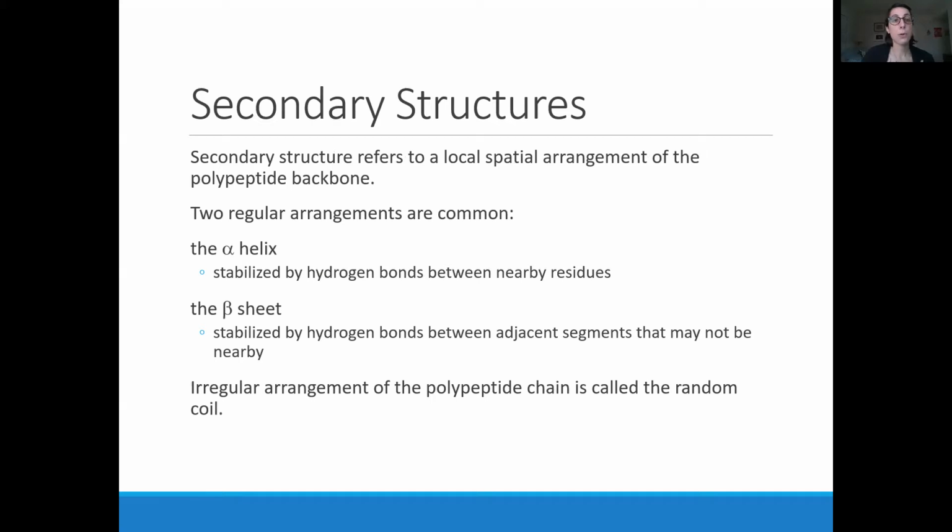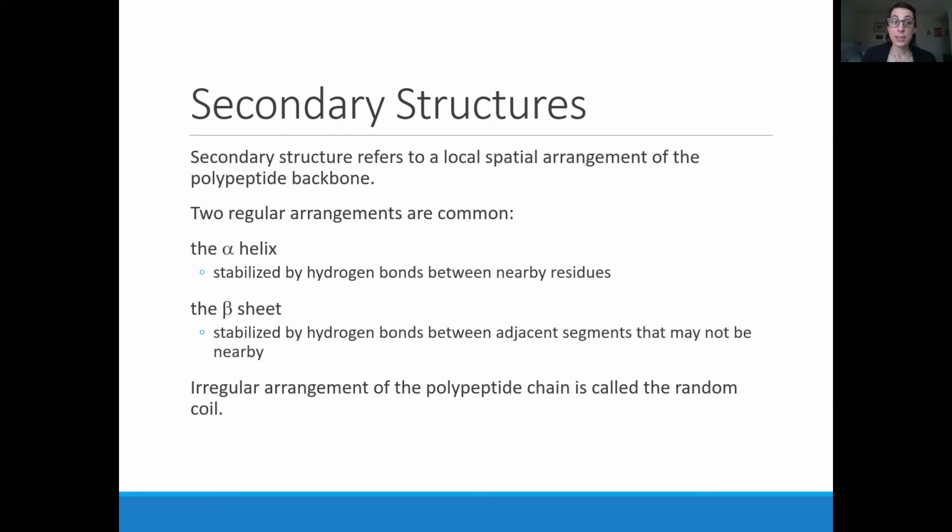The two most common arrangements of secondary structure that you will see are an alpha helix and a beta sheet. And again, this is because of the movement of those peptide bonds, these two types of structures are the most energetically favorable of those rotations.